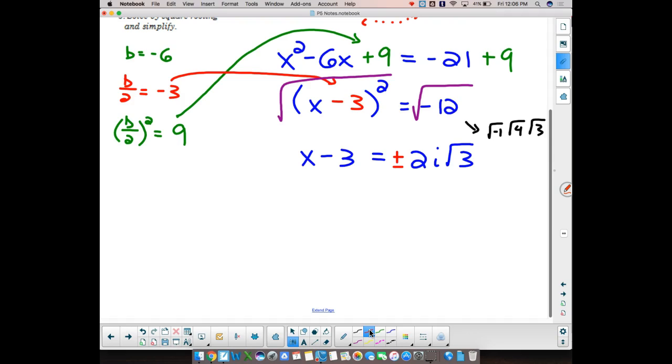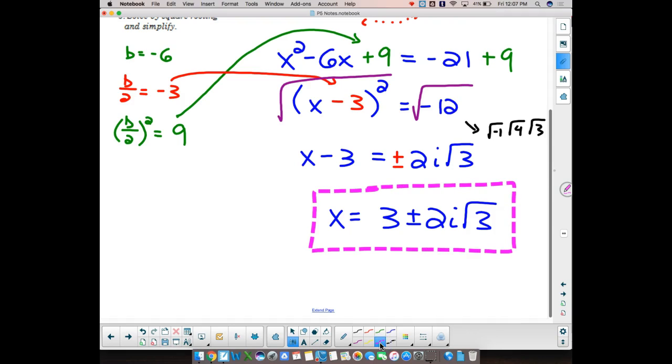And then when I go about solving it, I just add the 3 to both sides. And shabam, there is my answer.